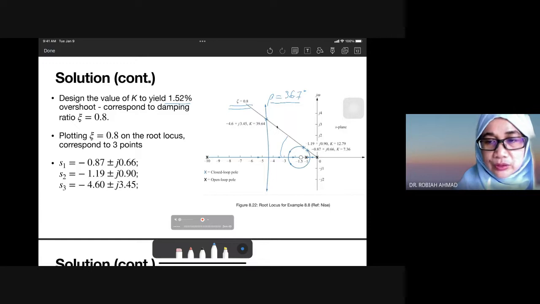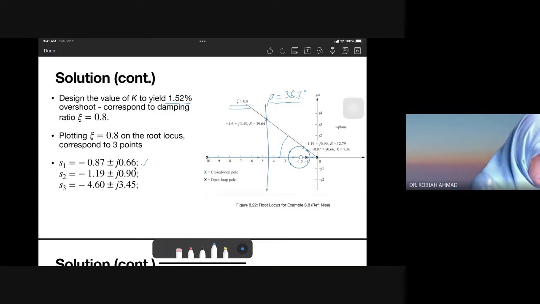When we draw this 0.8 line here, based on beta 36.7 degrees, we have the points that I put here. This is S1, this is S2, and this is S3. So S3 intersects with the root locus. The first one is here.